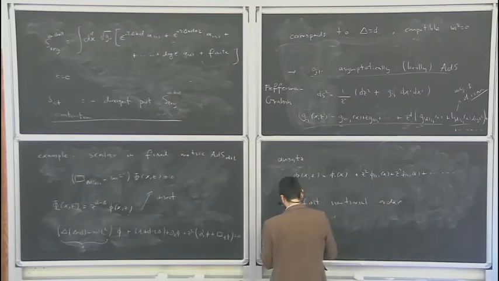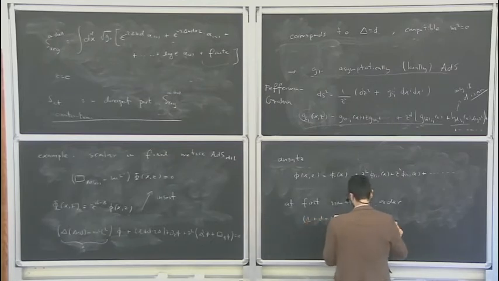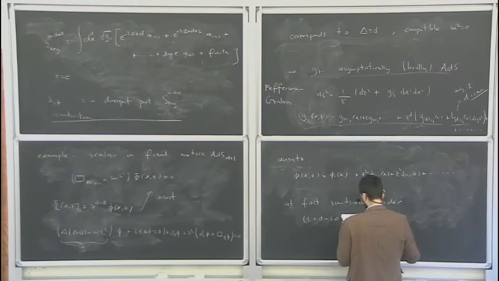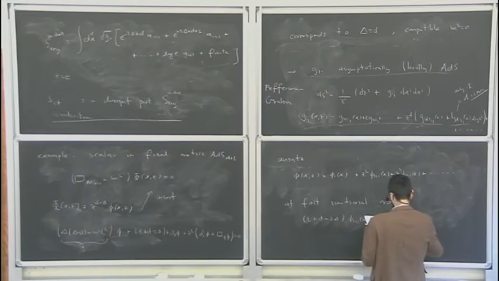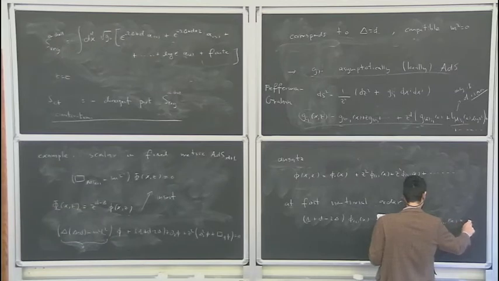the equation looks like this. You get (1 + d - 2 delta) phi subscript 2 of x plus phi subscript 2 of x plus half box of phi 0 of x equal to 0.